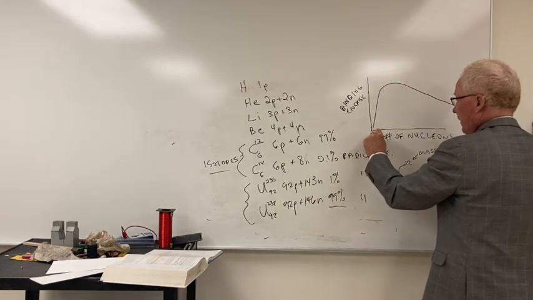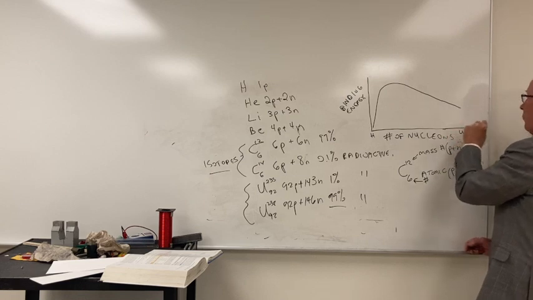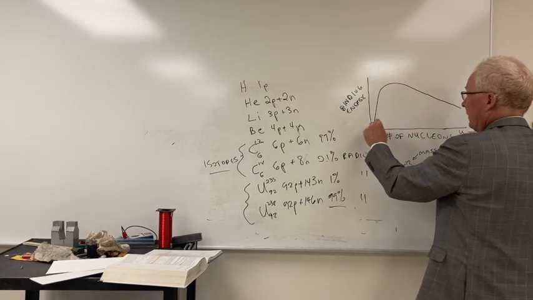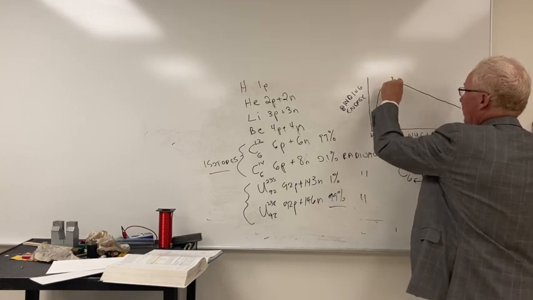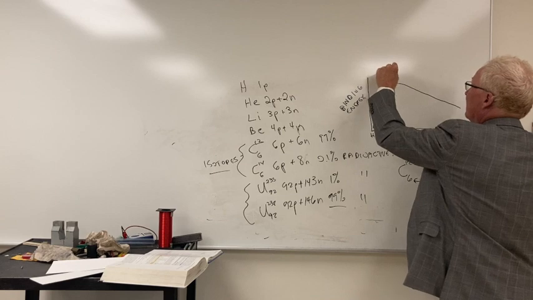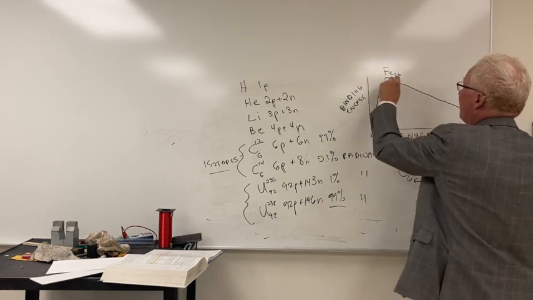So we have hydrogen down here, and we have uranium and other things way up here. And what this means is, and it peaks right at iron, which is 26 protons, peaks right here.